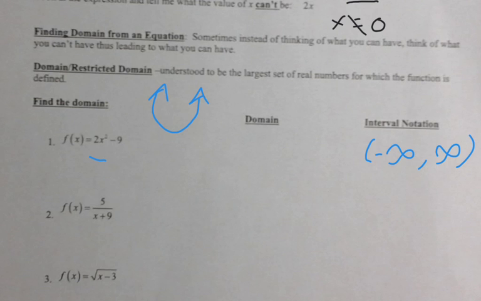But another way we can say this is all real numbers. The symbol for that is kind of 2 lines and an R. This is the symbol for all real numbers.